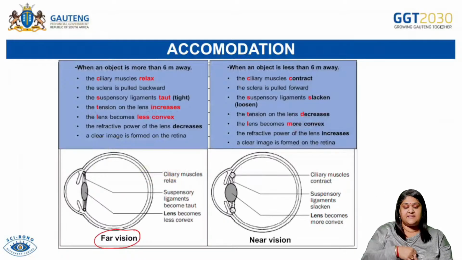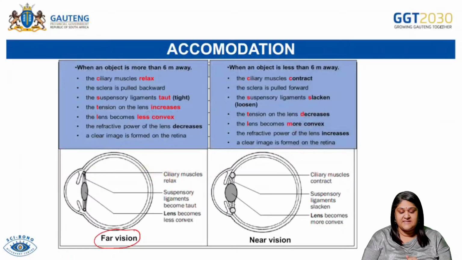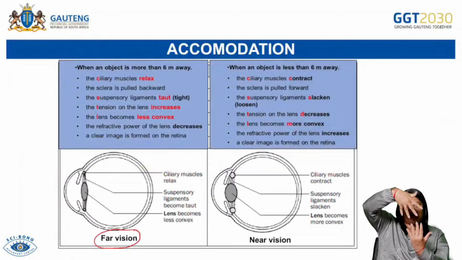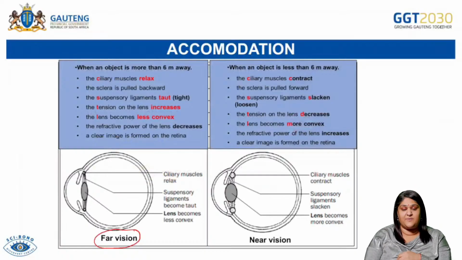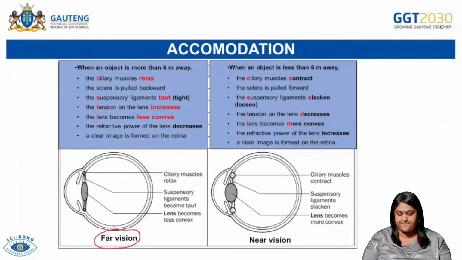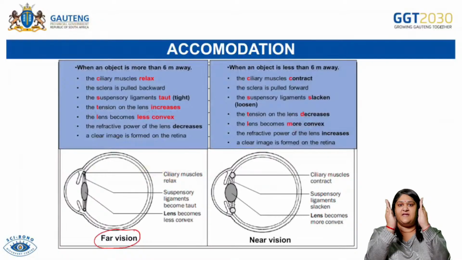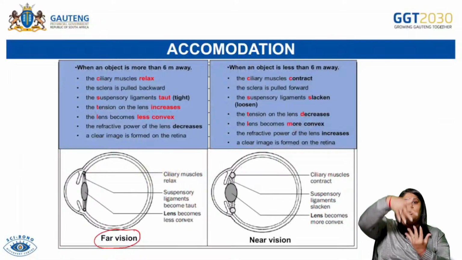Then the tension on the lens increases. The lens becomes less convex because now it's taut, so it's going to be pulling the lens. The refractive power of the lens decreases and a clear image is focused on the retina. So far vision, less convex. If it is less convex, it means that the suspensory ligaments were taut.